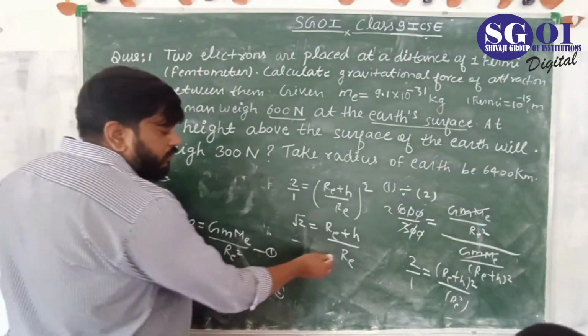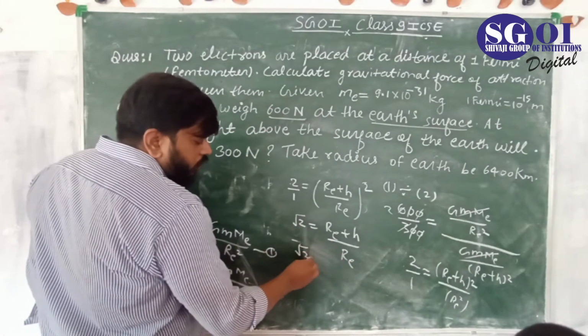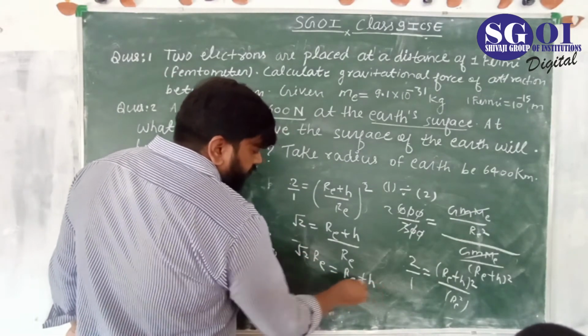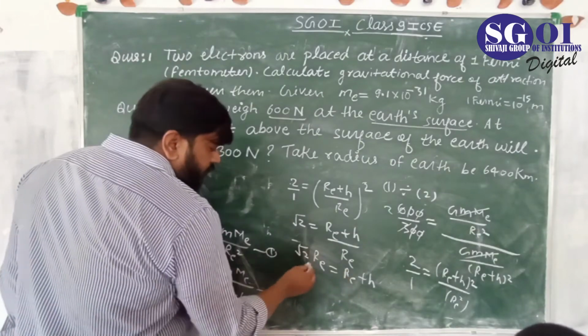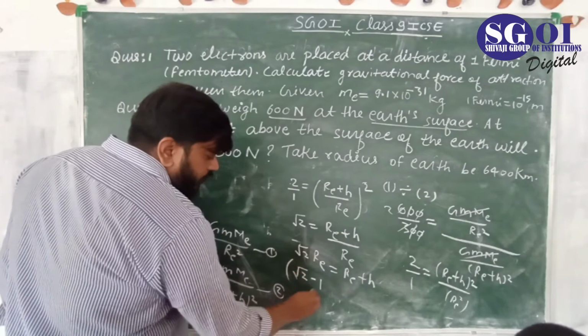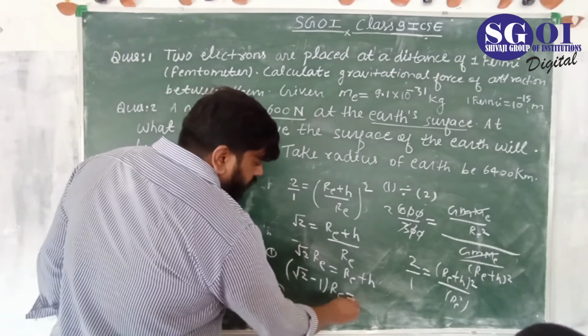Multiplying by Re, root 2 Re equal to Re plus h. Taking Re common, Re into root 2 minus 1 is h.